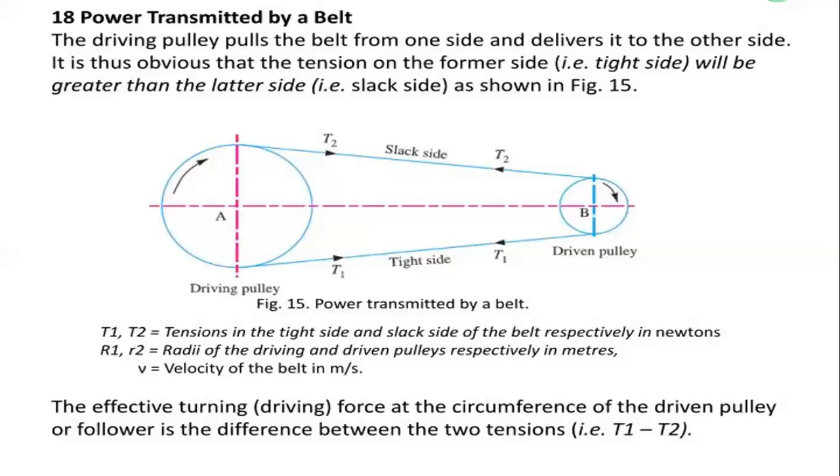Then it has two tensions, T1 and T2. T1 is on the tight side and T2 is on the slack side. Let T1 and T2 be the tensions in the tight side and slack side of the belt respectively, in newtons.